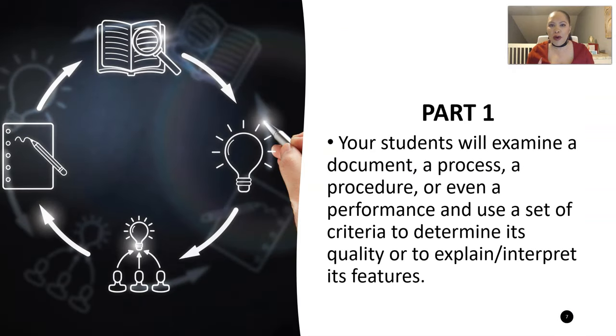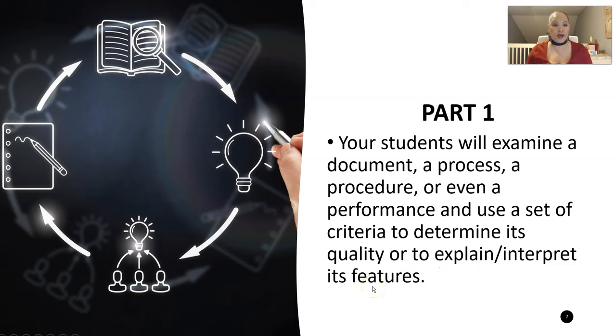So for this first part of the project, you're going to be asking your students to examine, and write this down, a document, a process, a procedure, or even a performance, and use a set of criteria to determine its quality or to explain and interpret its features.